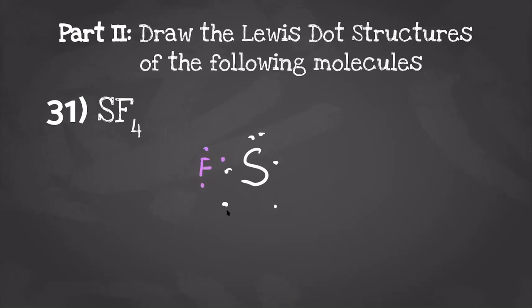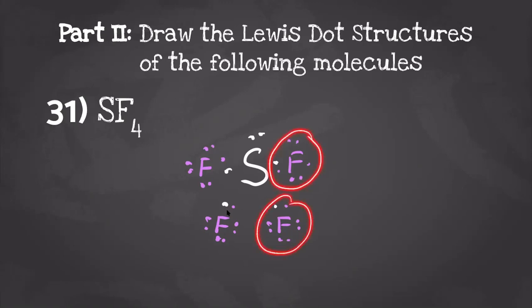Each fluorine has 7 valence electrons. Now with my structure, each fluorine is going to have 8 electrons, a full shell. And sulfur lets me do this because, again, it can just send those extra electrons into the d orbital.